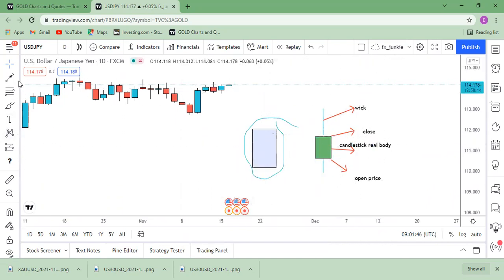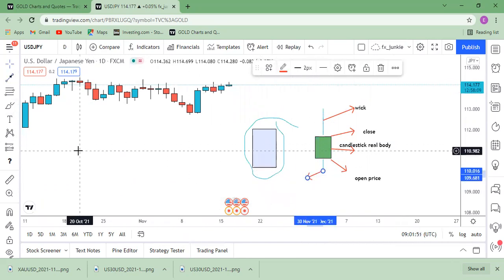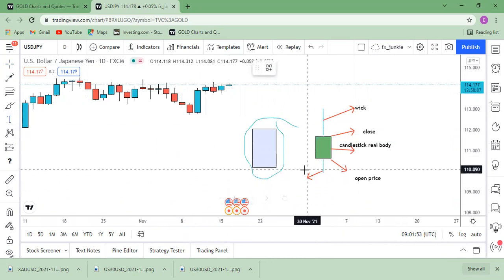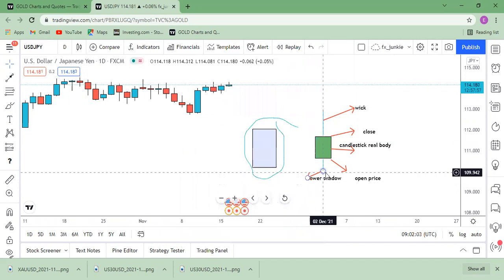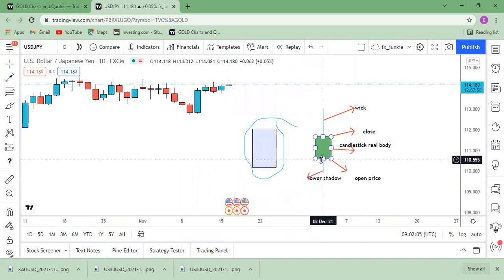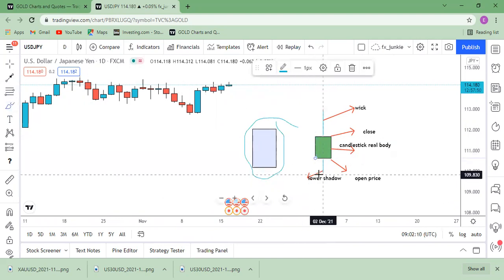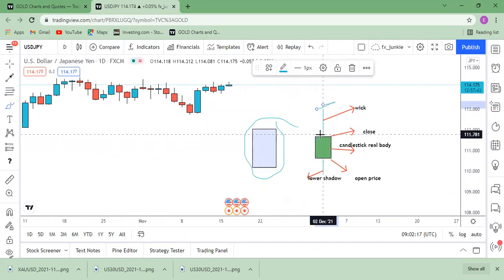And then here we have a lower shadow, the lower price. That simply means the candlestick opened right here, then it dropped all the way down to the lower shadow, retraced, went all the way up to this level, retraced, and it closed here. That's why it is green.